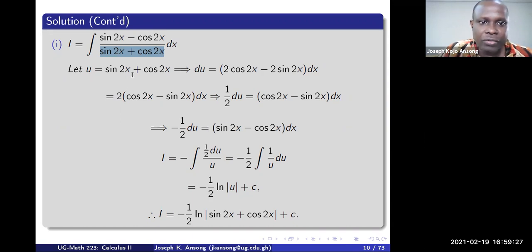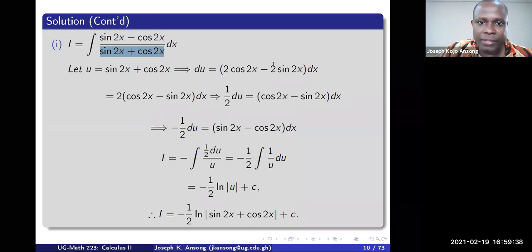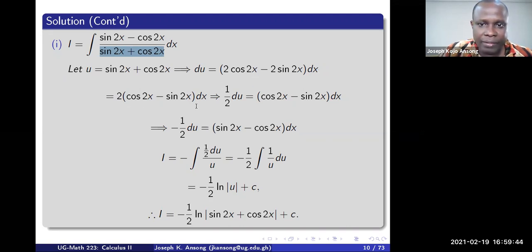So let u be equal to 2 sine x plus cosine of x. Then du will just be equal to, remember how you differentiate these, this is 2 cos x, this becomes negative 2 sine 2x, all of that dx. I can pull out 2, which implies that if I divide through by 2, I get 1 over 2 du is equal to cos 2x minus sine 2x dx.